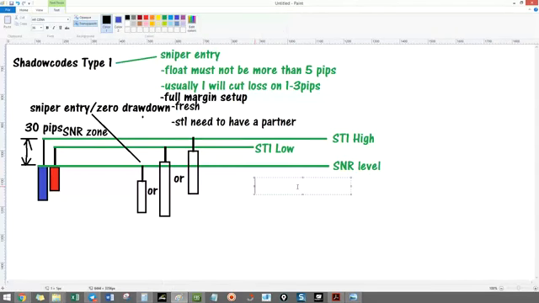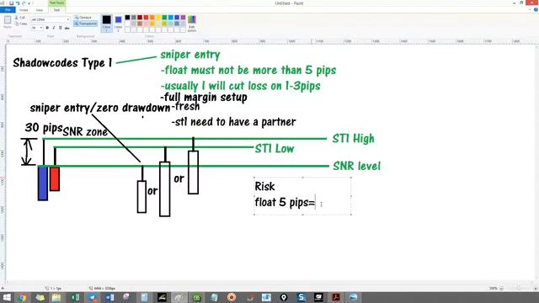So you're able to float 5 pips, for example. So you have 3 levels. Over here, 5 pips and you cut loss. Over here, 5 pips and you cut loss. Over here, 5 pips and you cut loss.